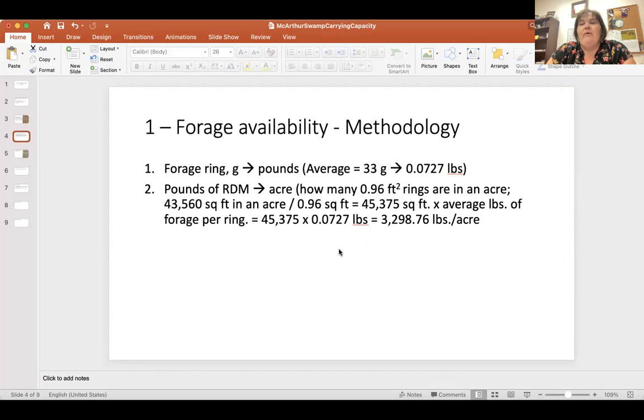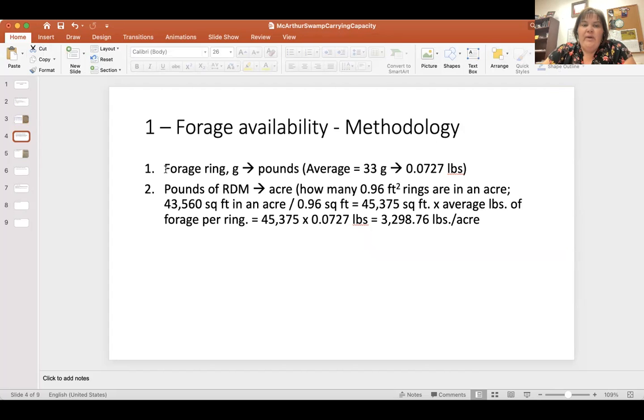It's only 0.04 off. And I would normally be like, yeah, no problem if that was your final answer. But we can't do that here because it extrapolates, because we are dealing with a lot of acreage. And so we could be leaving a lot of forage out there or taking a lot of forage if our measures are off very much.